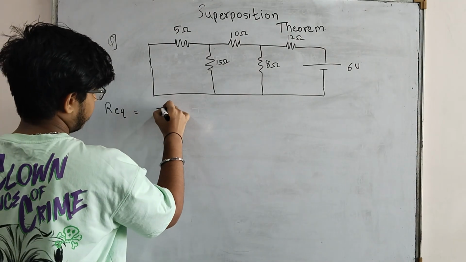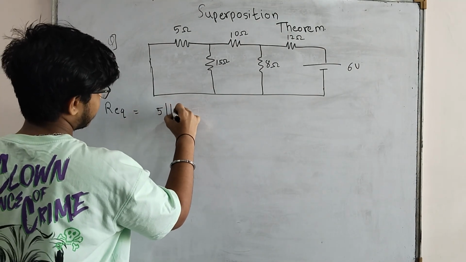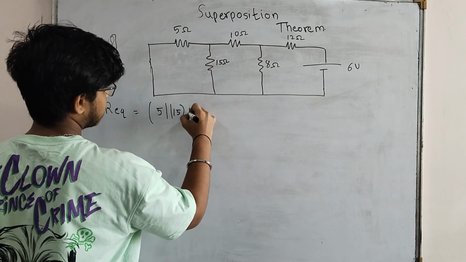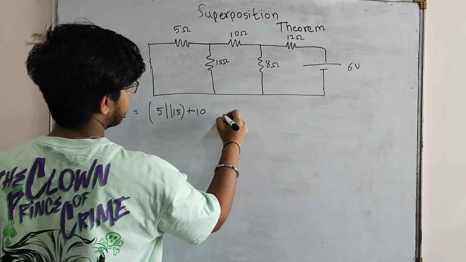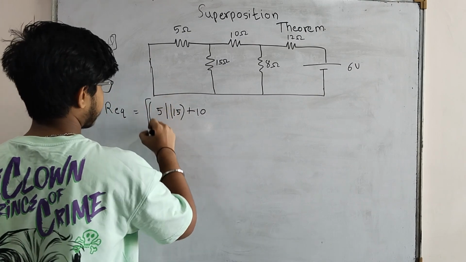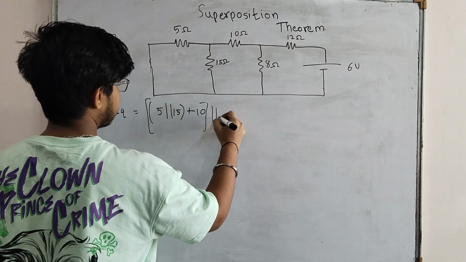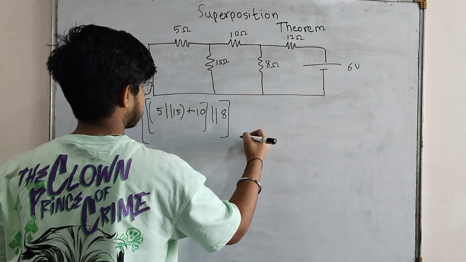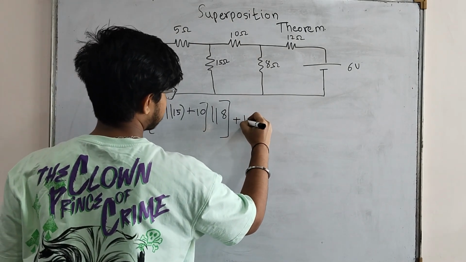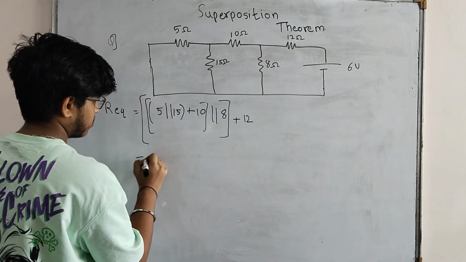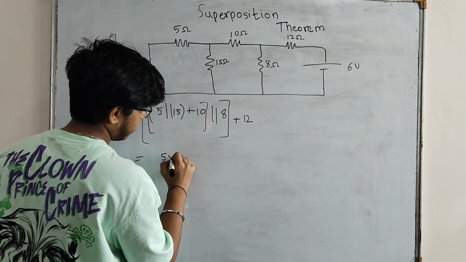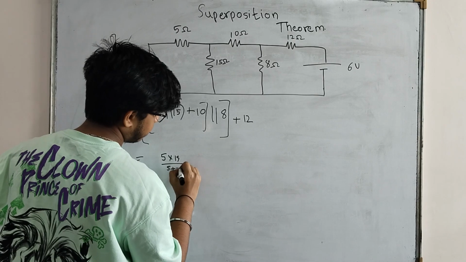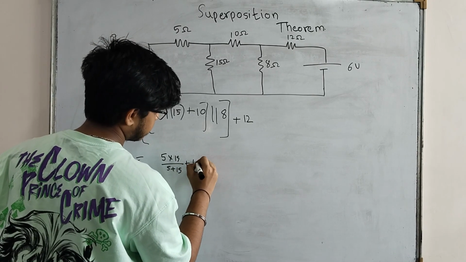So 5 ohm is in parallel with 15 ohm. This entire thing is in series with 10 ohm, this entire thing is in parallel with 8 ohm, and again this entire thing is in series with 12 ohm. Okay, so let's solve this. 5 into 15 upon 5 plus 15, plus 10.